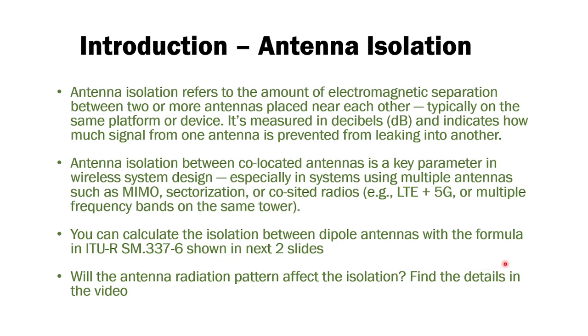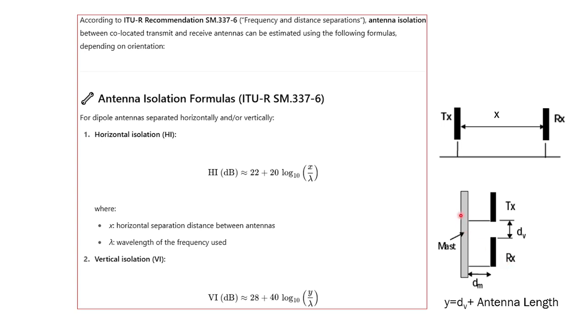First, let's check the formulas from the ITU-R document. For horizontal isolation, the formula is something like this one. X here is the separation between the two antennas from center to center. For vertical isolation, the formula is listed here, and Y is the separation between the two antenna centers.